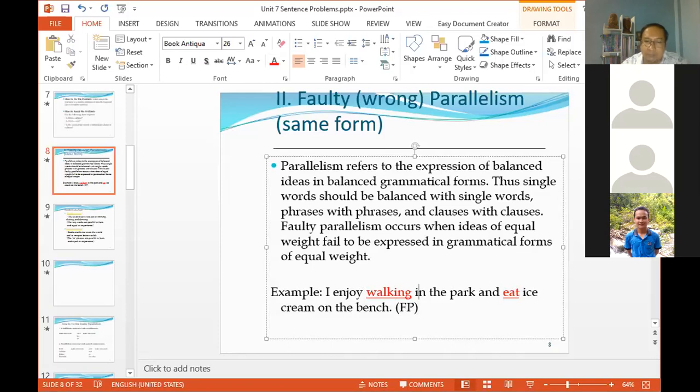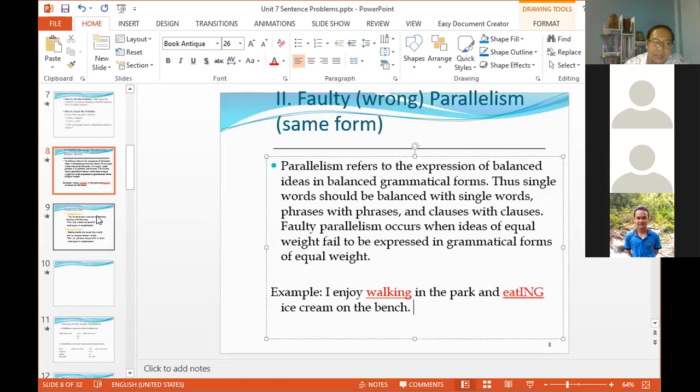So how do we correct it? Easy. Just add -ing. When we add -ing, this is a correct sentence, not faulty parallelism. You can see even a small mistake, putting in the wrong part of speech, is called faulty parallelism.